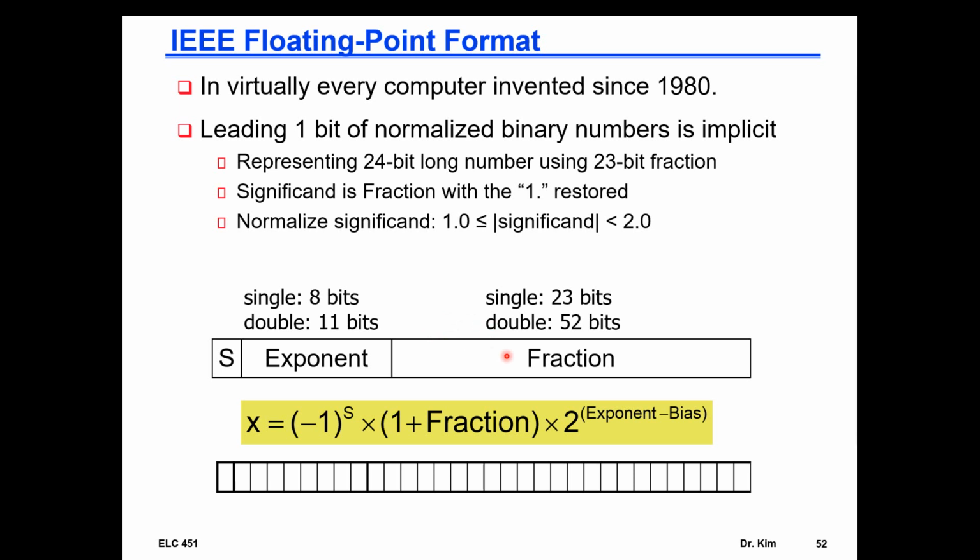Okay? So if you know the exponent, if you know the fraction, and the sign, of course, you can apply this equation to get your decimal floating point number or fractional number and the integer part. And you also need to know what the bias is for both the single and the double precision.